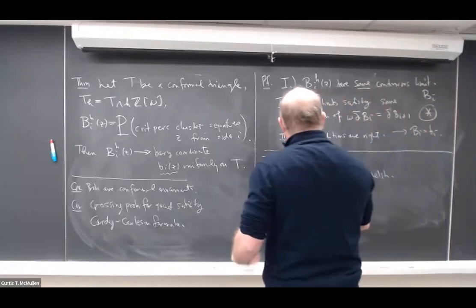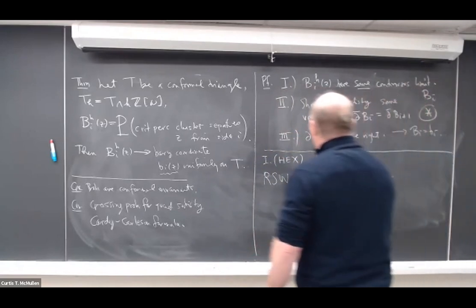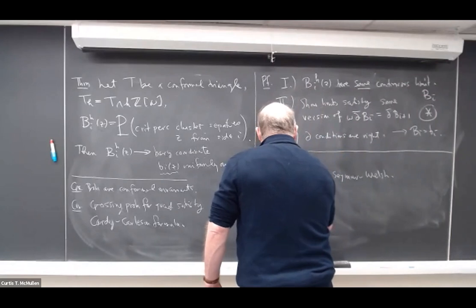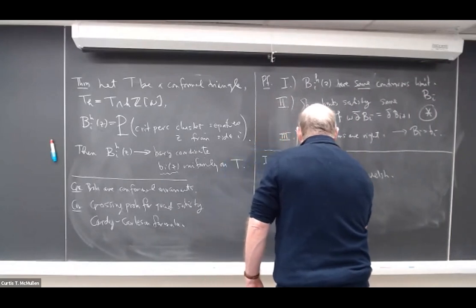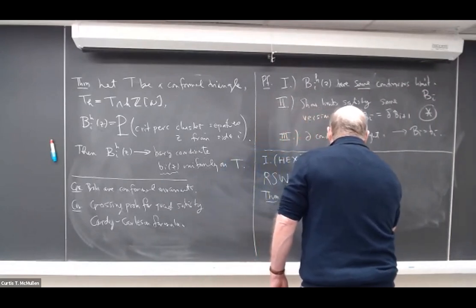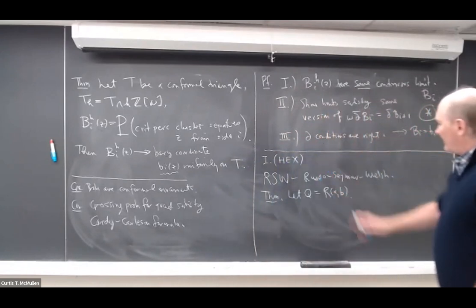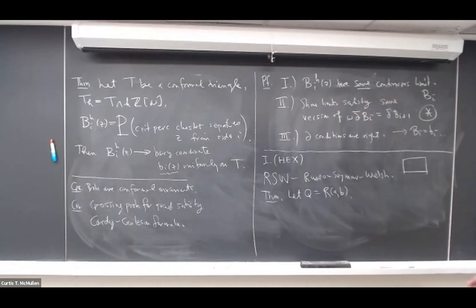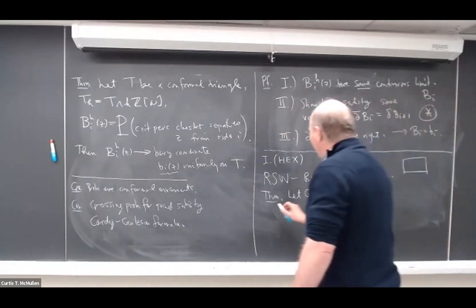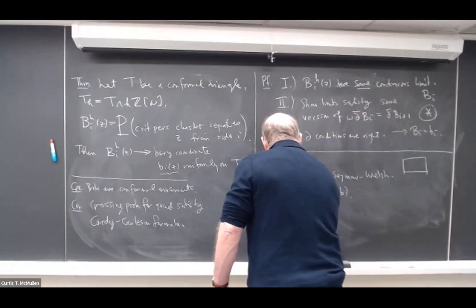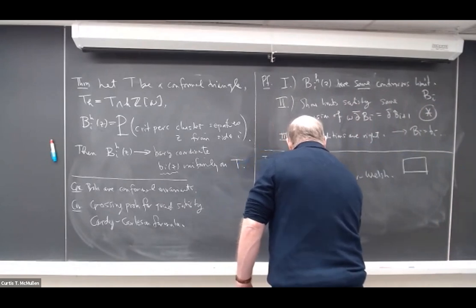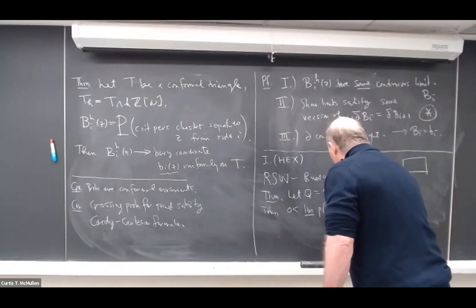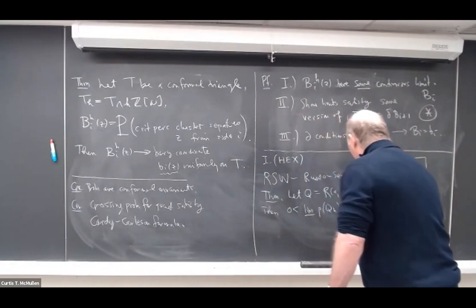So this is some sort of approximate statement about percolation, and what this says is the following. Let Q be an ordinary rectangle. Forget about conformal invariants, just a good old rectangle like this. Then you can do percolation on the lattice approximations to this and see what the crossing probabilities are.